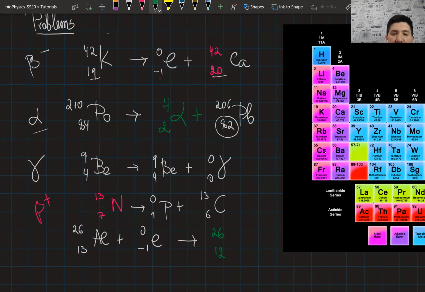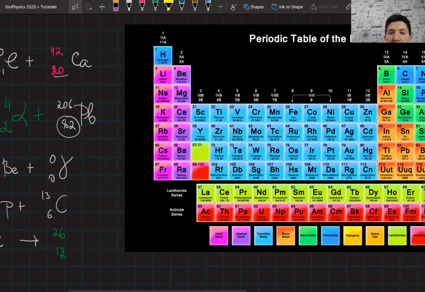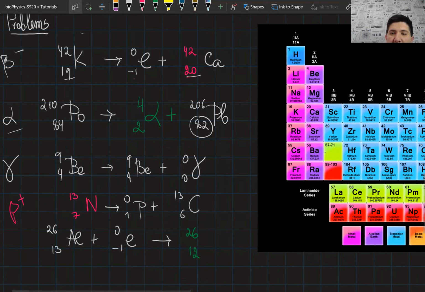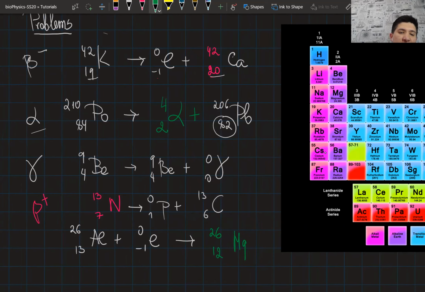So we need to go to the table and look for the element with atomic number 12, which is going to be magnesium here. Right? So actually this is not the emission of radiation, it's going to be absorption of radiation. So some of the nucleus is going to absorb the electron, the beta particle, and it's going to produce another nucleus, another element.